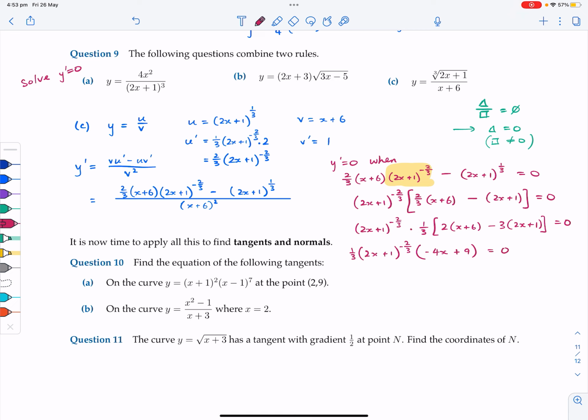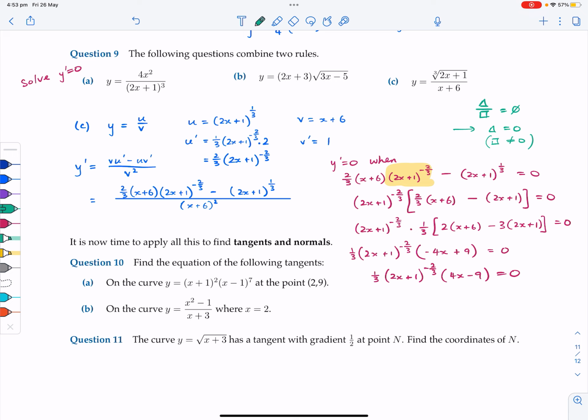And so I'm going to multiply both sides by negative 1. I get 1/3 lots of 2x plus 1 to the minus 2/3, and then that's 4x minus 9 equals 0. So I've made this look as nice as I can.